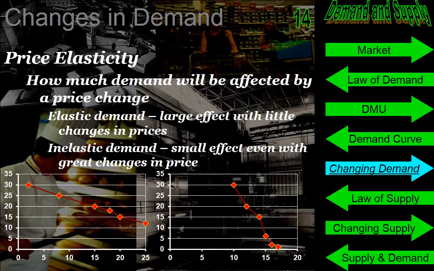Now I know some of you say you can't live without your cell phone, but this is more about, for example, diabetic insulin or baby formula and diapers, things that you're going to buy no matter what the price is, unless there is something really tight going on. That's what inelastic demand is all about. This concludes discussion number 2, how demand changes, as part of Chapter 7, Demand and Supply.